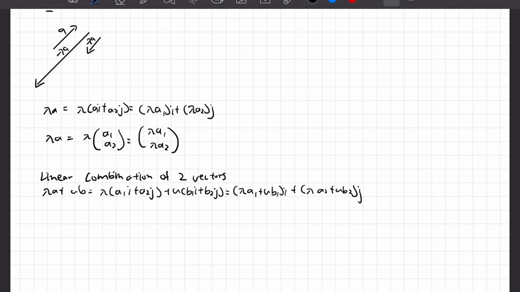Or if you use the column vector, then lambda A plus mu B equals lambda (A1, A2) plus mu (B1, B2), which is equal to (lambda A1 plus mu B1, lambda A2 plus mu B2), written like this. So now that we have learned the basic operations of vectors, which are addition, subtraction, and scalar multiplication, let's do some quick examples.